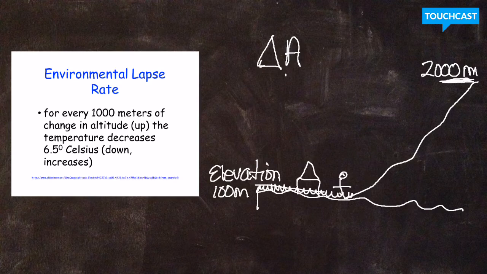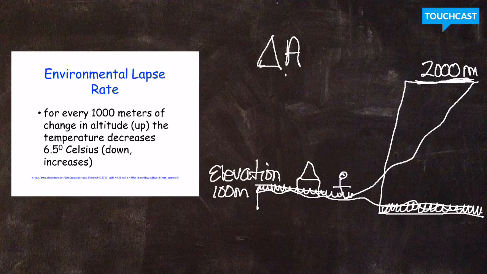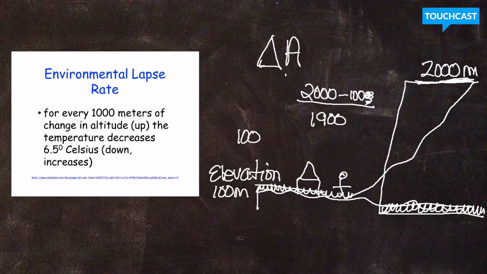So my altitude of my hike is not 2,000 meters. It's 2,000 meters minus that 100. So then we have 2,000 minus 100 gives us where we started.